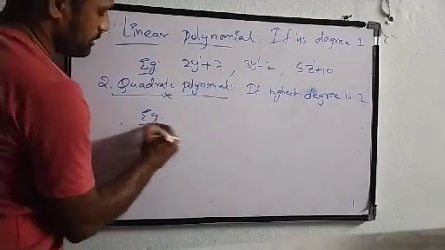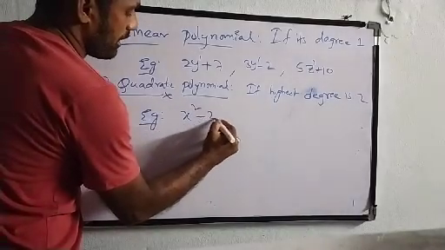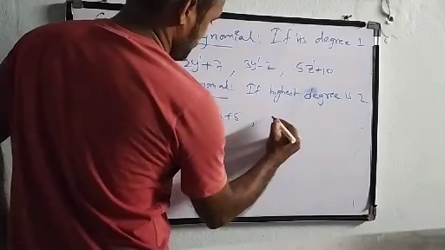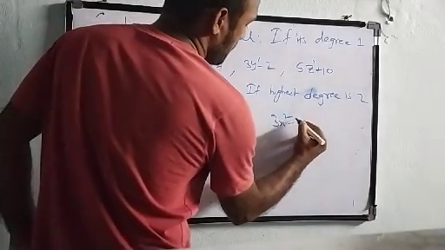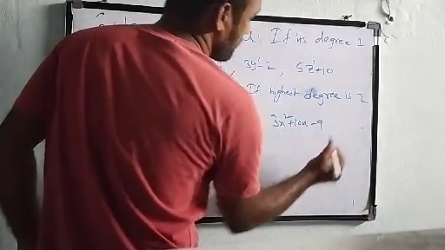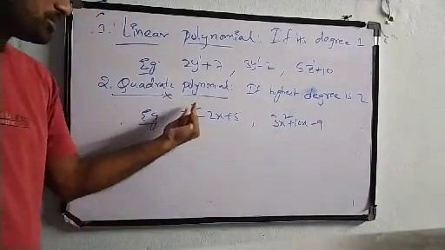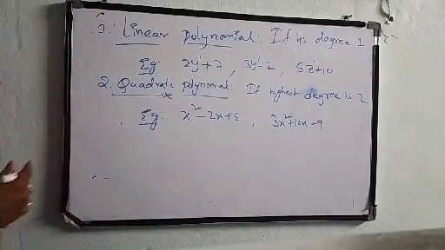We can see examples: x square minus 2x plus 5 and 3x square plus 10x minus 9. So if you observe these two polynomials, since the highest degree of the variable is 2, we can call it a quadratic polynomial.